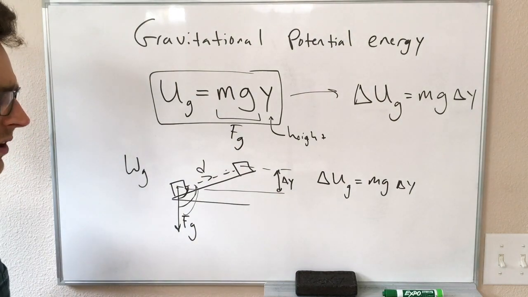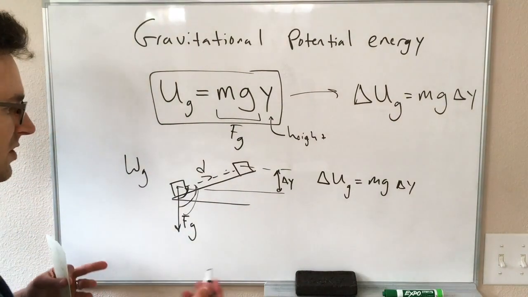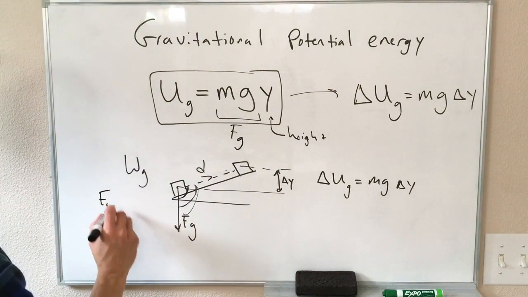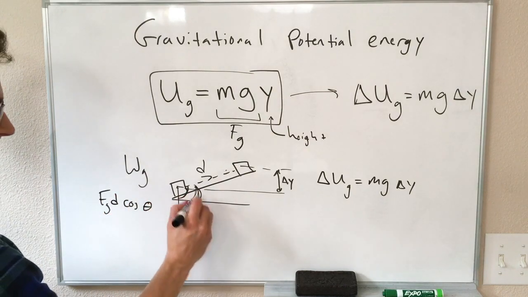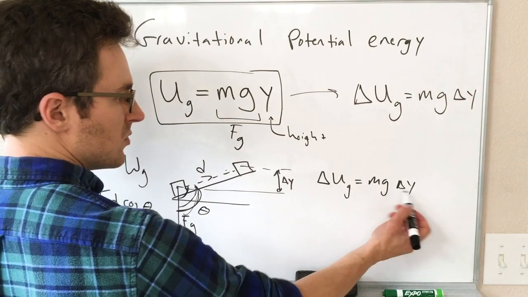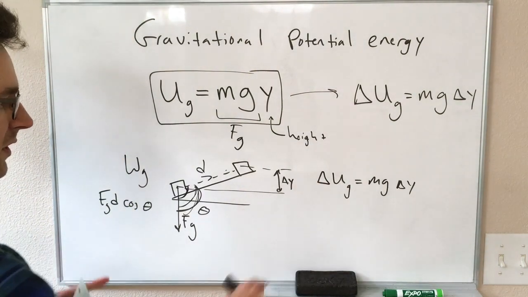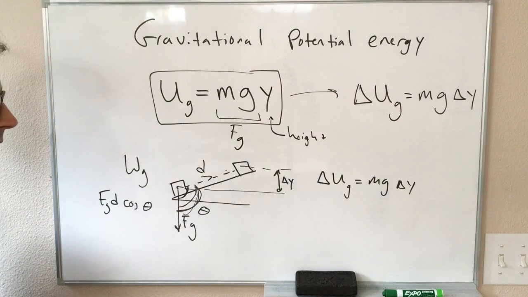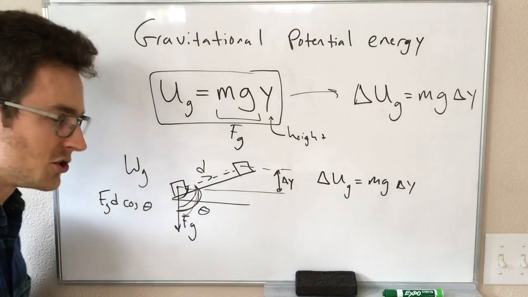So it seems like you could get two different answers from this, since these are two different ways of looking at this, right? Force of gravity times d times cosine theta for this big angle versus mg times delta y. Are these two things really the same? And I guess up to a minus sign, right? Because Wg equals minus delta Ug.